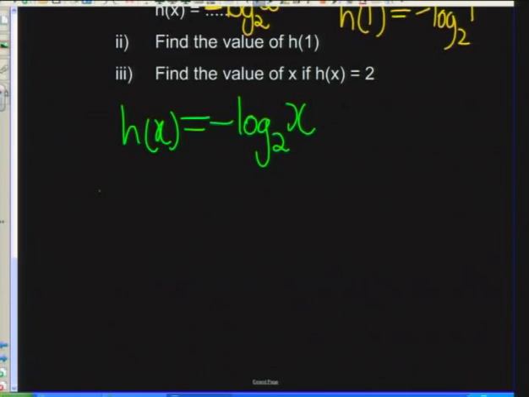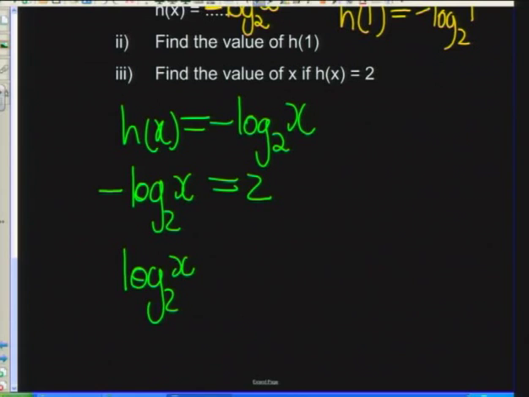And basically, I'm now going to say minus log to the base 2 of x is equal to 2. Right. So that's what I'm going to do. And now what I'm going to do is I'm just going to take the minus back to the top. I'm allowed to do that. So log to the base 2 of x to the power minus 1 is equal to 2.